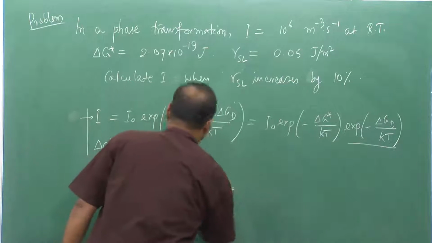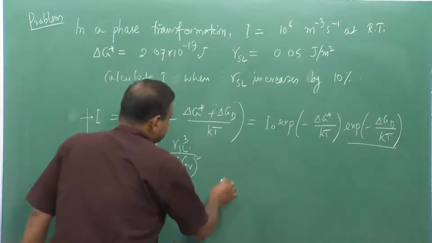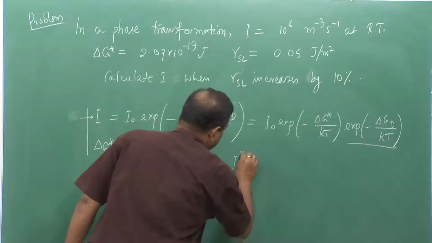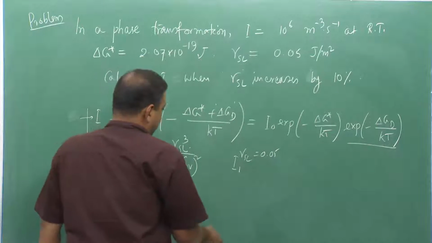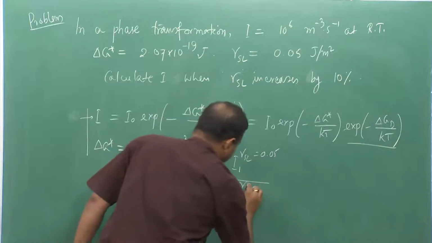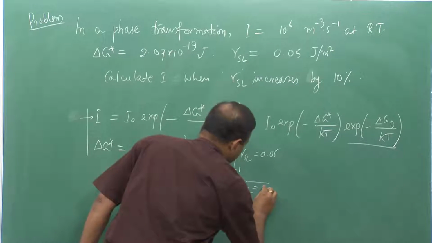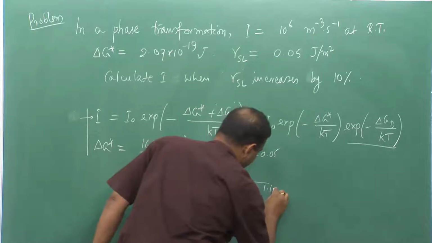We are just giving a hint, mind it. You have to solve it, you just do this exercise. We can take I1 when gamma SL equals 0.05, and another one I2 when gamma SL equals 1.1 into 0.05, since it says 10%.